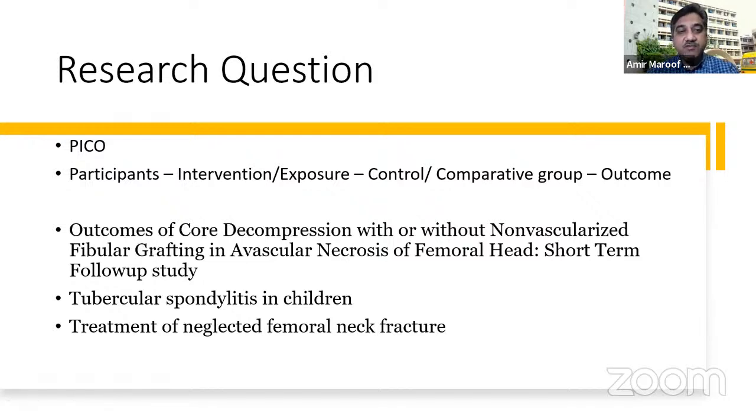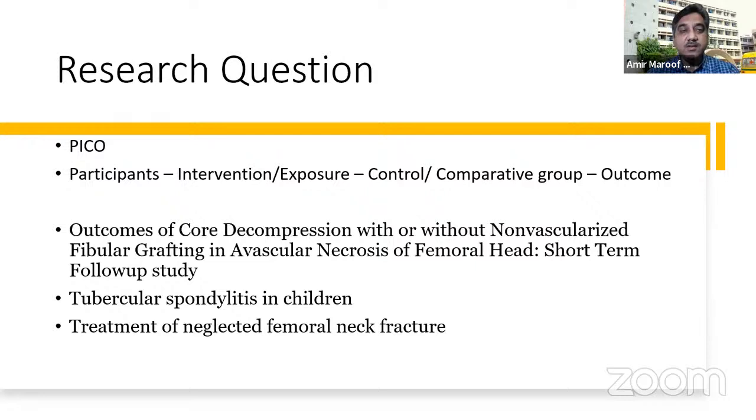So we are seeing that when we do core decompression with a particular technique, or we use another technique for patients suffering with this condition, avascular necrosis of femoral head. So this completes the whole thing. If you have all these things, then you can say that it is your research question.